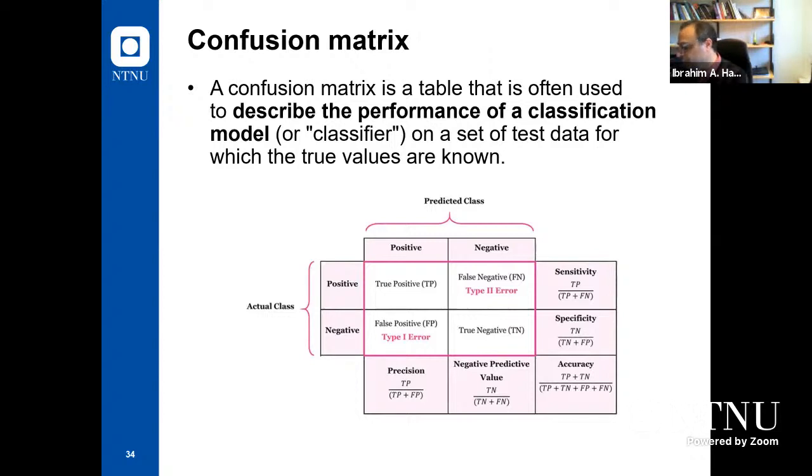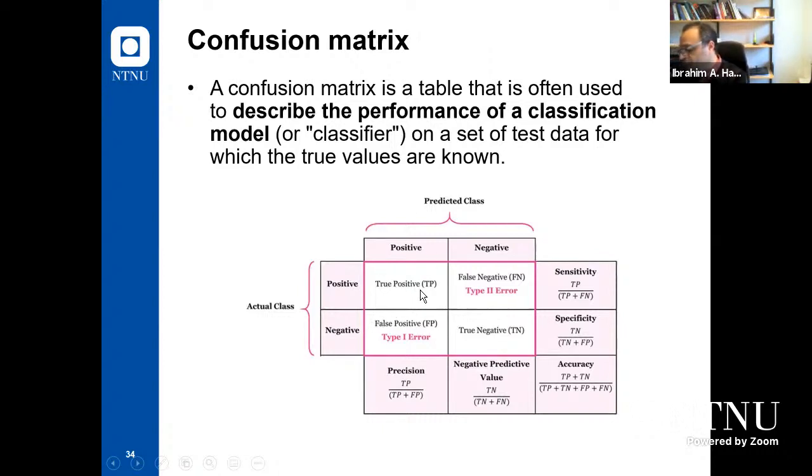The predicted classes are the machine's prediction. When you build a classifier, it will predict some classes, so the predictions from the model are the predicted classes. In binary classification problems, maybe we have positive and negative classes, or +1 and -1, or 0 and 1, for example.